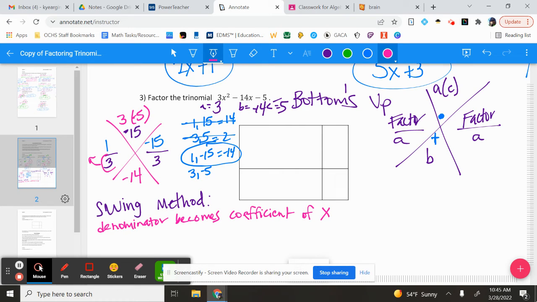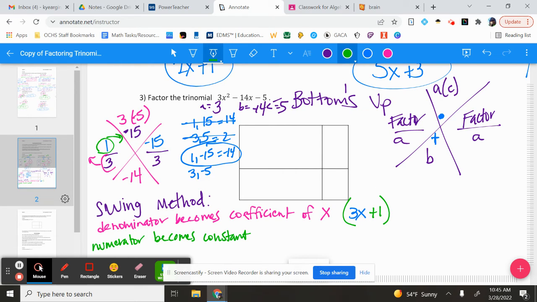So for this first one, this would make it 3x. My numerator is going to swing forward and become my constant. So because it was positive 1, the numerator comes forward to be positive 1.